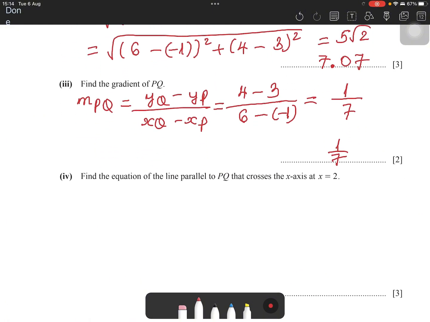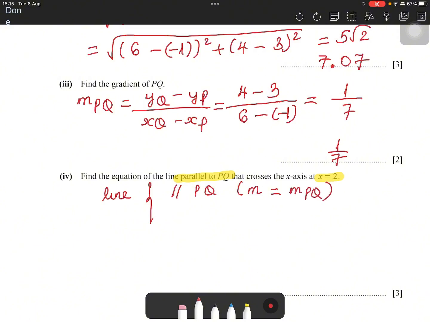Number 4, find the equation of the line parallel to PQ and crosses the x-axis at (2, 0), which means the line we want to find has two properties. First, it is parallel to PQ, or we can say the gradient of this is equal to the gradient of PQ.